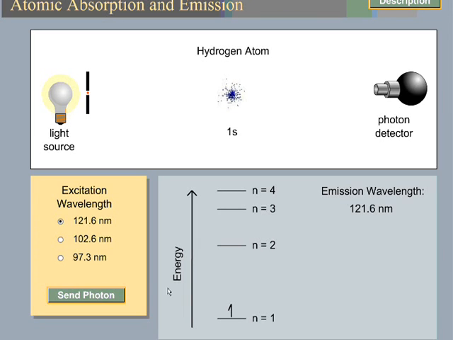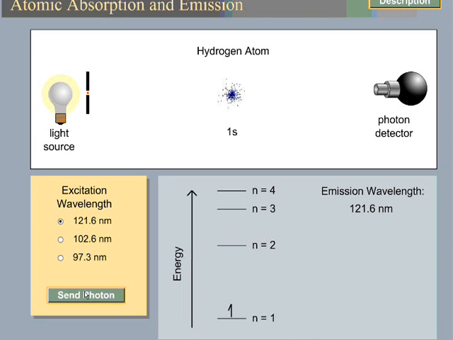So these energy levels that are being depicted down here in the bottom are the energy levels of the electrons. Let me do it one more time. So the photon comes in, it hits the atom, the electron jumps up from the n equals 1 level to the n equals 2 level. When it falls back down again, it emits a photon of the wavelength of 121.6.